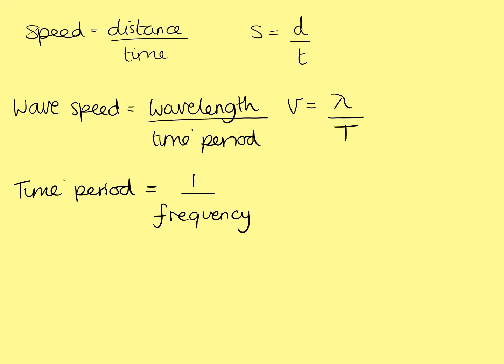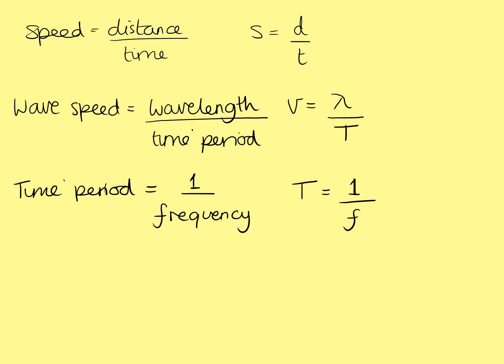The frequency is the number of waves per second, and time period is the time for one wave. And they are related like this. This is a 1. So let's put this in symbols. T is 1 over F, frequency. Time period is 1 over frequency, 1 divided by frequency.